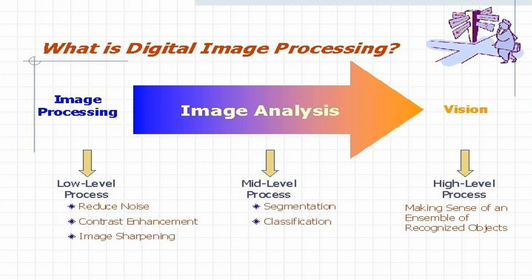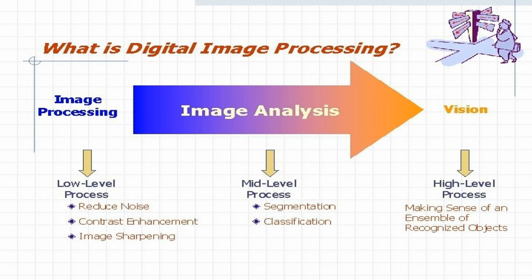Low-level image processing operations include primitive operations such as noise reduction and contrast enhancement, where both the input and output of these operations are images.